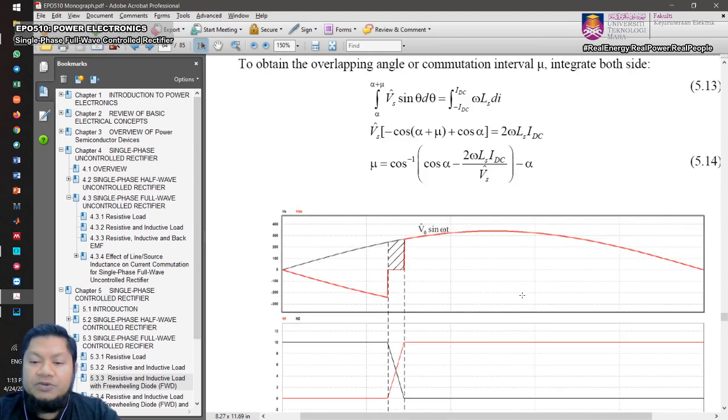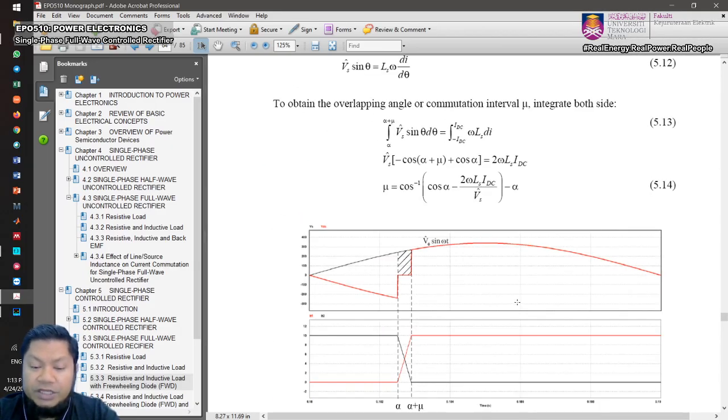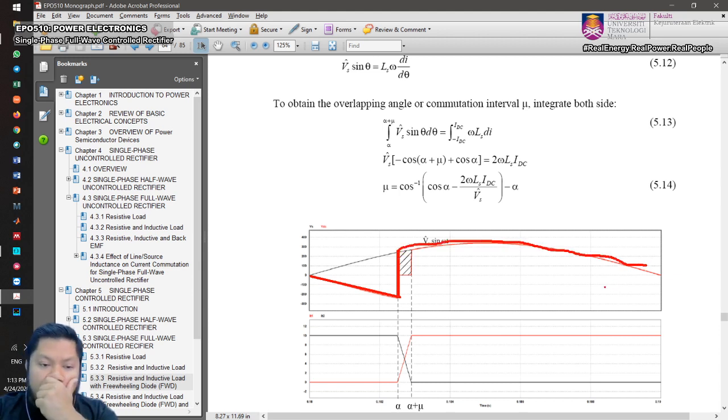Okay, and next is to get the average of the output voltage. So what we can do is, again, we know the equation for the average of the output voltage without the source inductance. So without the source inductance, this is your voltage waveform. And we also know the equation for that from the section before, section 5.3.2.